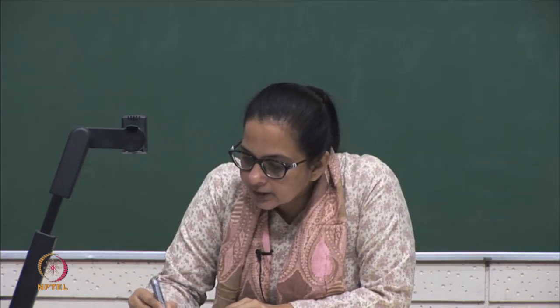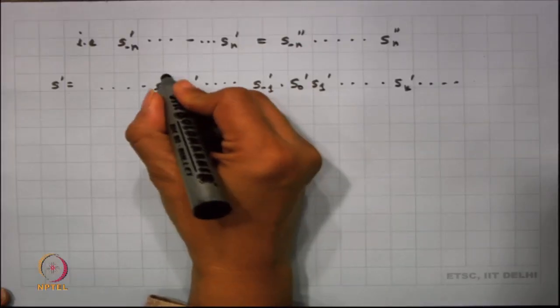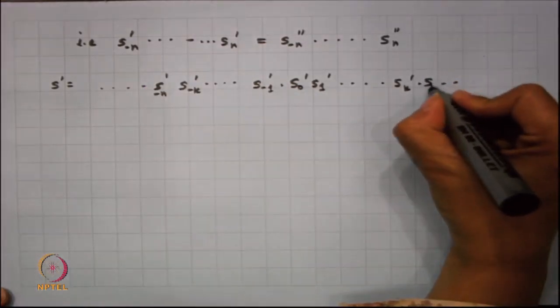So, if I am looking into the middle block here, let me write S minus n prime and S n prime.